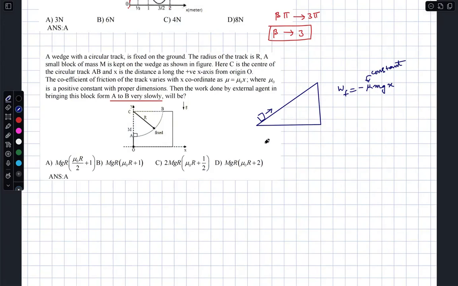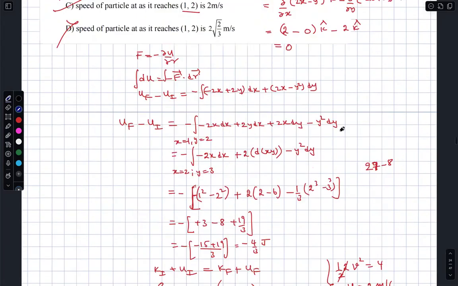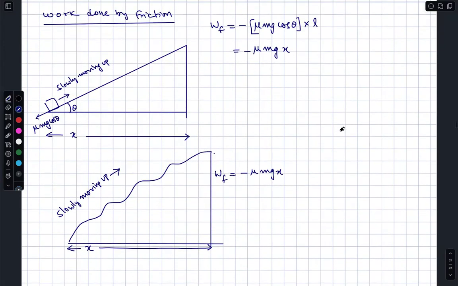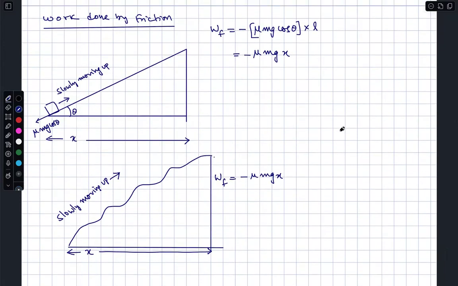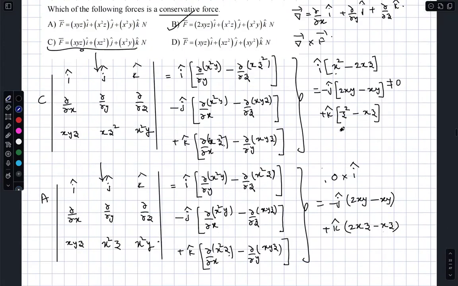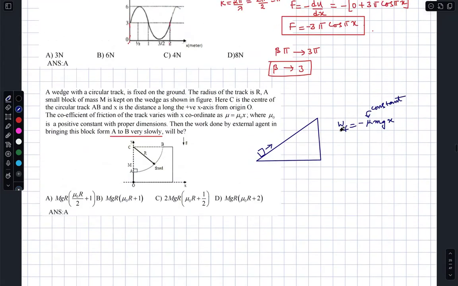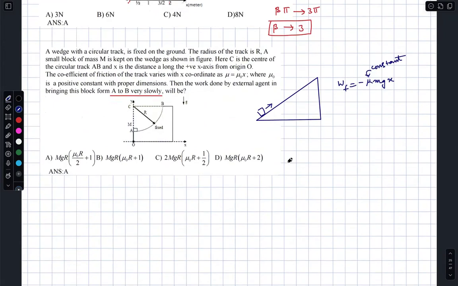I told you, you can use this relation even for a curved path, provided it is moved slowly. Yesterday, here it is. Here I have given you the slowly moving up case. But the problem in this particular problem is that mu is a function of x.